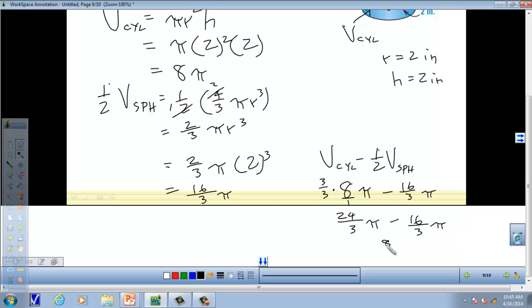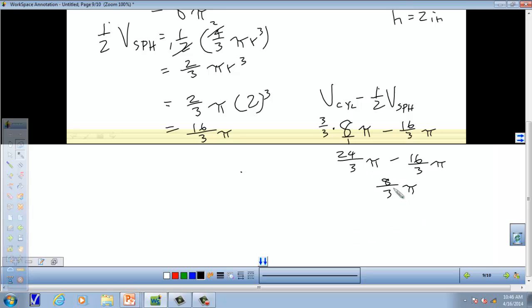That would give us 8/3 pi as our answer. And then this is where we get our calculator out. So we do 8 divided by 3 equals, and then we multiply that times pi. We should get approximately, should be pretty close to 8 because we're dividing by 3 and multiplying by something close to 3. In this case, it's 8.38 cubic inches.